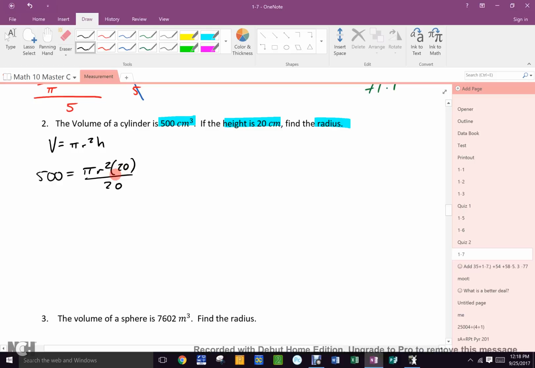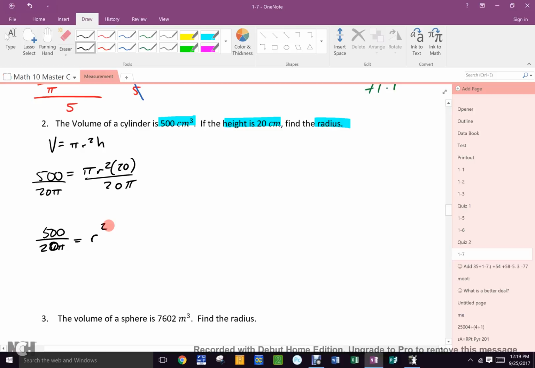What else should we divide by? Pi. Because pi, then I can get rid of them both in one step, can't I? So if I divide this side by 20 and pi, what do I have to divide this side by? 20 and pi. So now, 500 divided by 20 pi equals r squared.